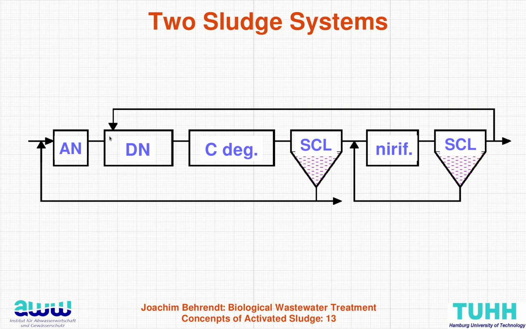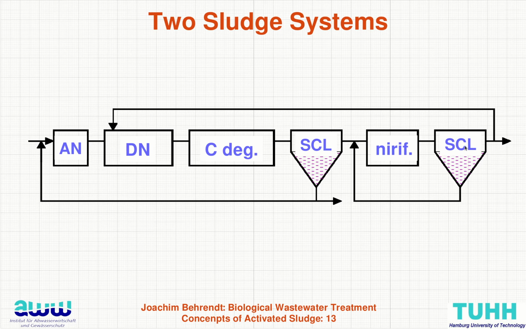It sounds like a good idea, but there is a bottleneck, therefore this is not done in this form. The problem is that you indeed save a lot of space for the nitrification step. This is a good thing.